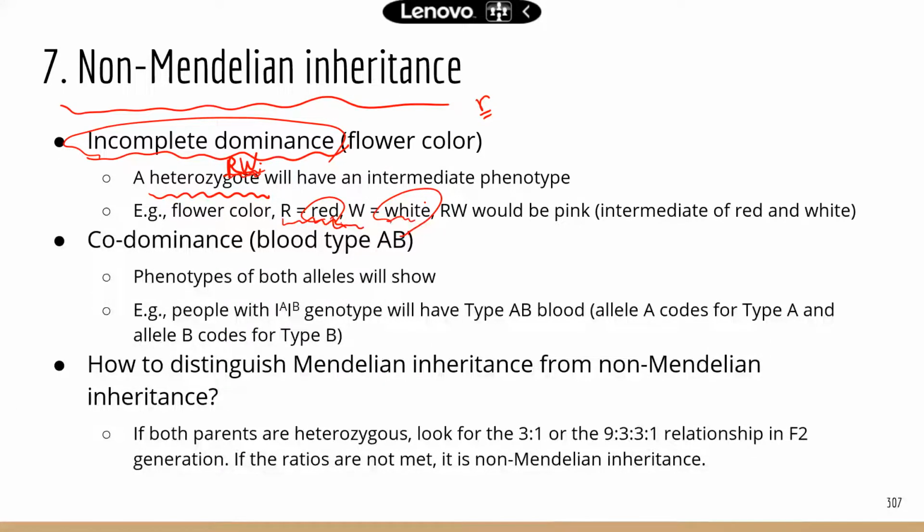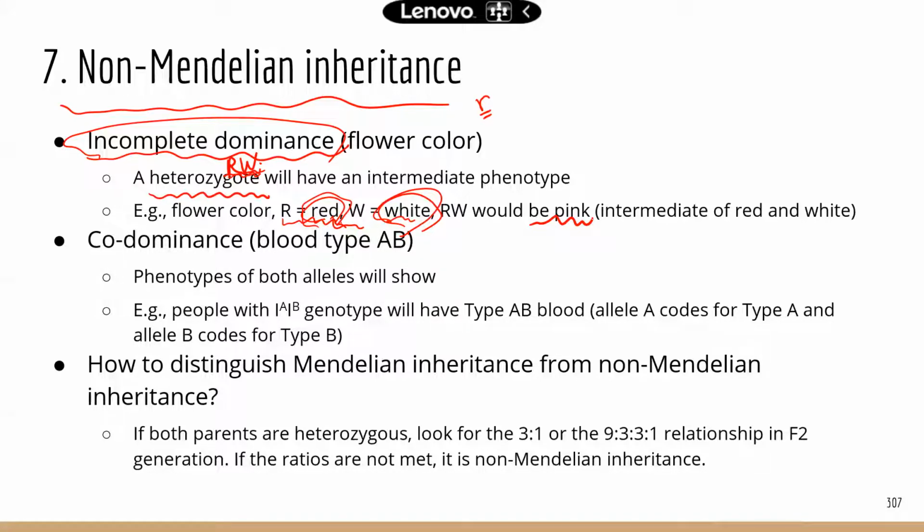The incomplete dominance trait in this case is going to be a color that's in between red and white, right? And that will be probably pink, right? So any plants that have this heterozygous genotype are going to have pink flowers.